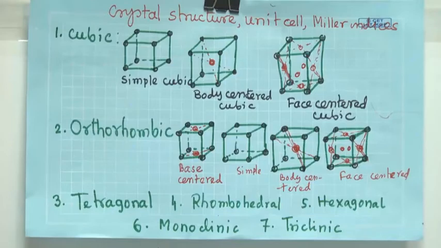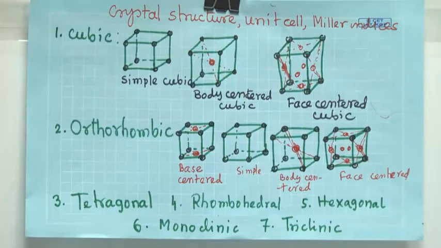Similarly, for all these materials, whatever the structure is, in terms of unit cell, from symmetry only 14 types of unit cell exist.